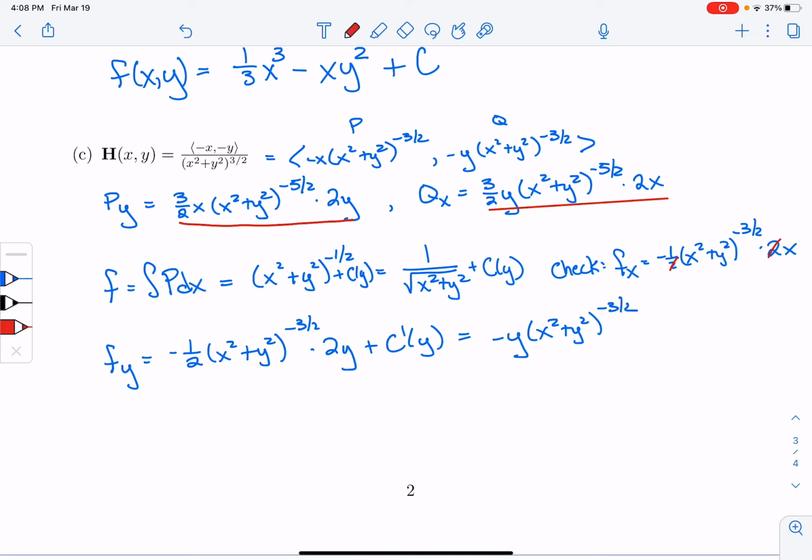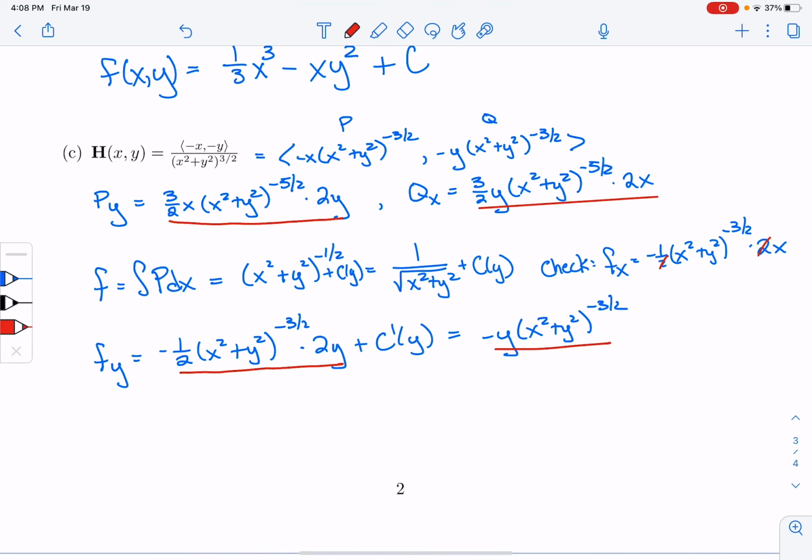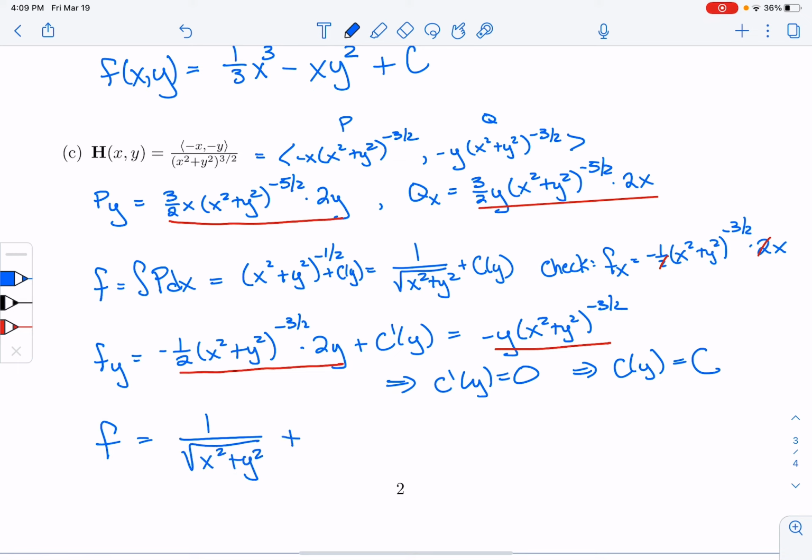So hopefully you notice that these match. And so that tells me again that c prime of y is 0, so c must be a constant. So a potential function for our gravitational field is 1 over the square root of x squared plus y squared plus c.